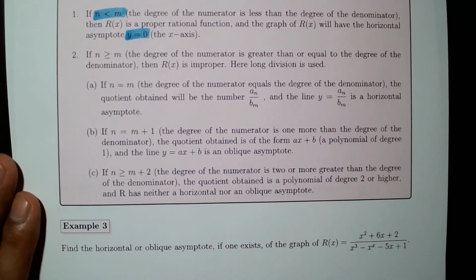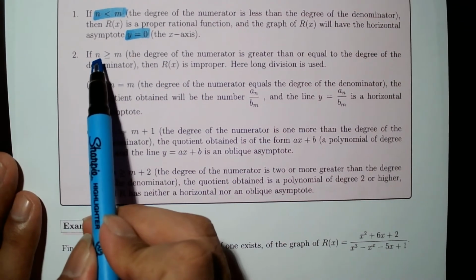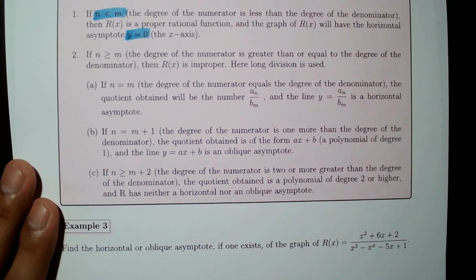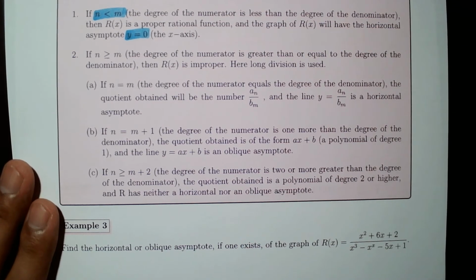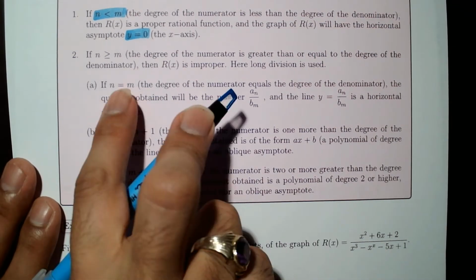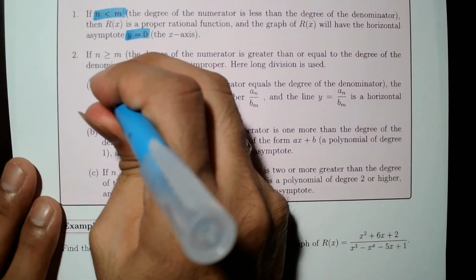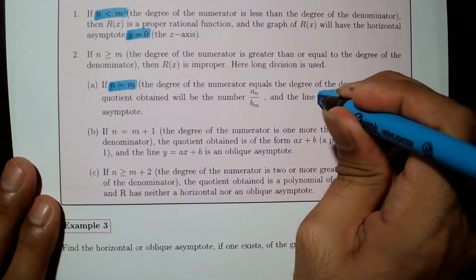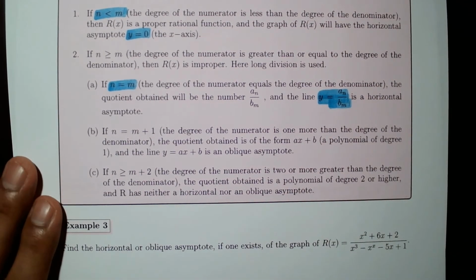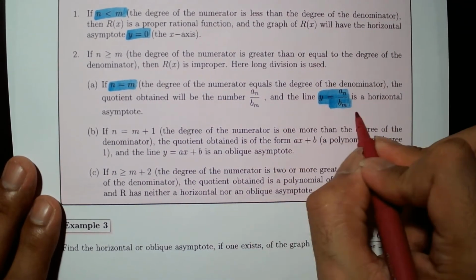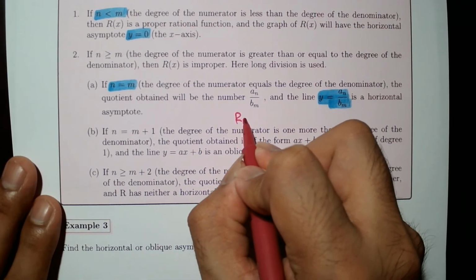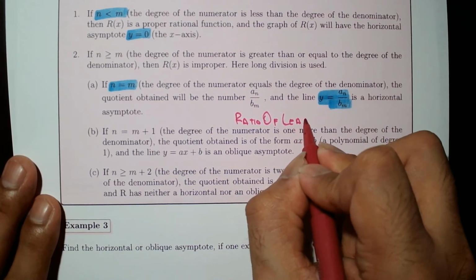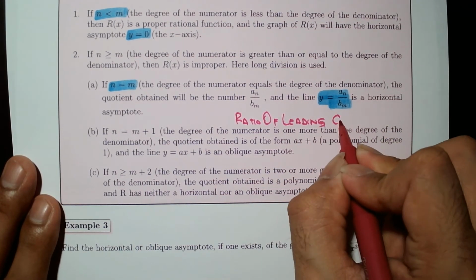Now, number two. We're going to have three cases when the degree of the numerator is greater than or equal to the degree of the denominator. Let's look at case A, in which the degrees are the same. When the degrees are the same, then the line y equals an over bn, that is, the ratio of leading coefficients.